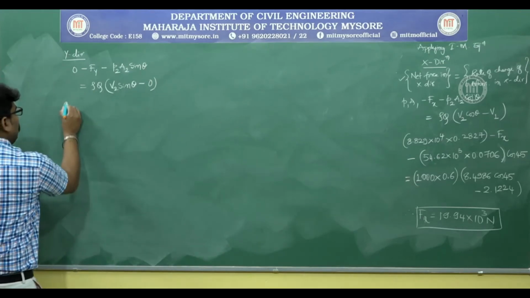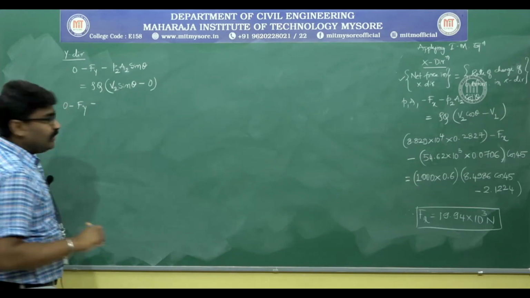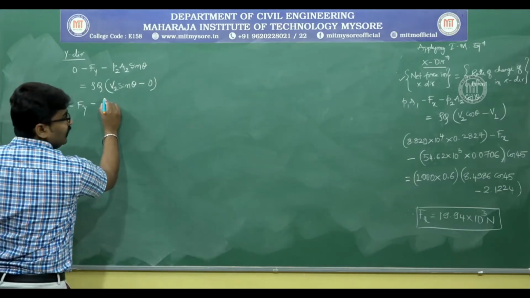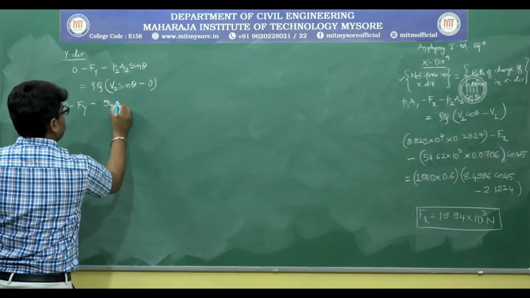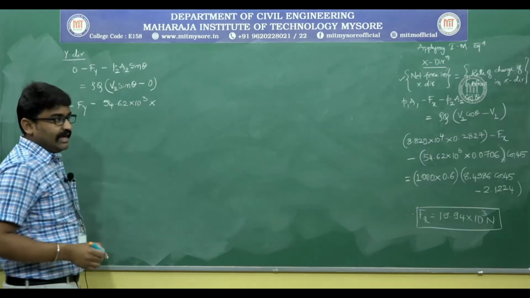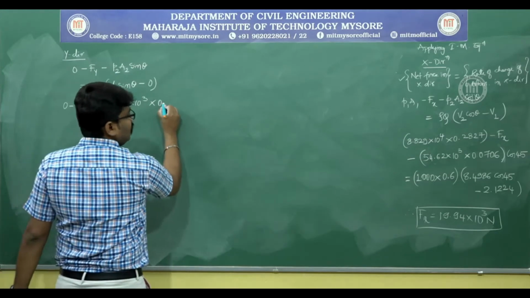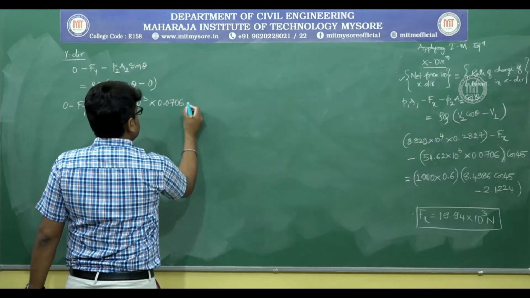So you have 0 minus Fy minus P2 A2 sin 45, where P2 you just found to be 54.62 into 10 power 3, and area A2 you have found to be 0.0706.